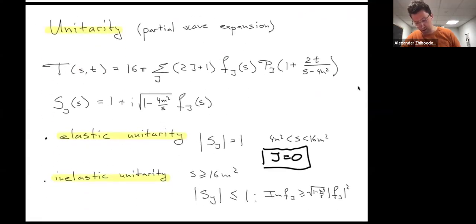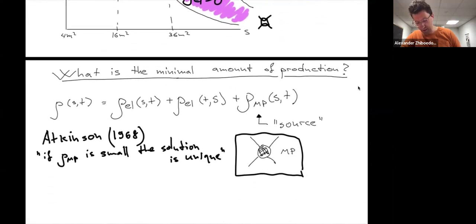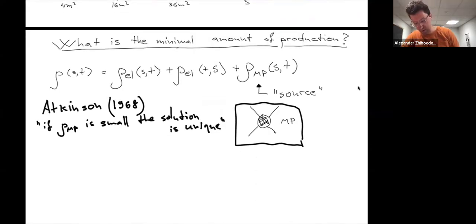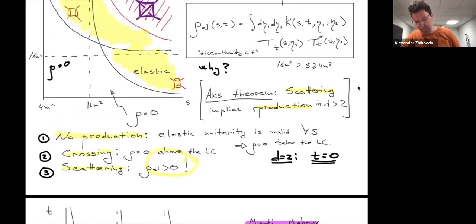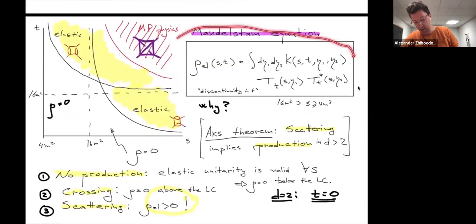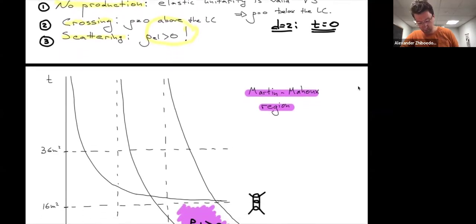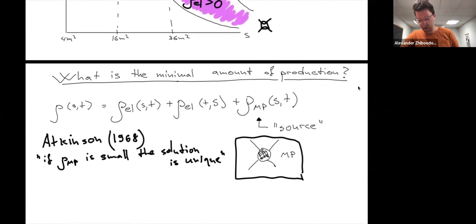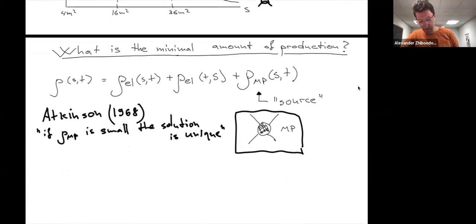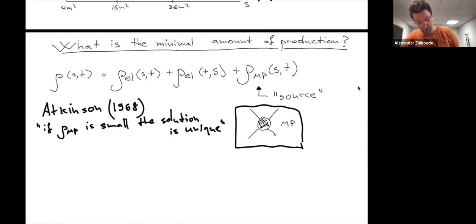And then he showed that if you drive scattering by production, so this is some kind of production, and we try to find scattering, he shows that if this rho MP is small, then the solution is unique. And the beauty of this result is that you have this equation which is nonlinear. You have this dispersive Mandelstam representation. It's not obvious at all. But the beauty of his result is that he thought.